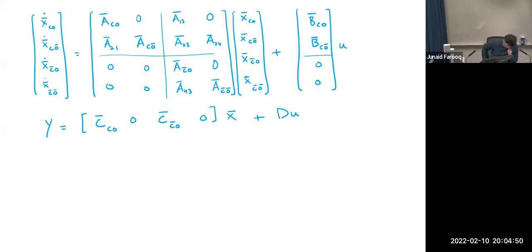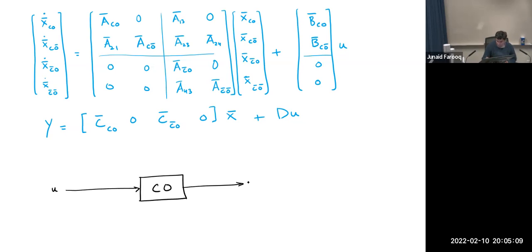So if in a diagram you want to represent all of this information, you can say that the system decomposition looks like this. There is an input U, which goes into a controllable and observable system, and that generates an output Y. Now there's a piece that is controllable but not observable, right?